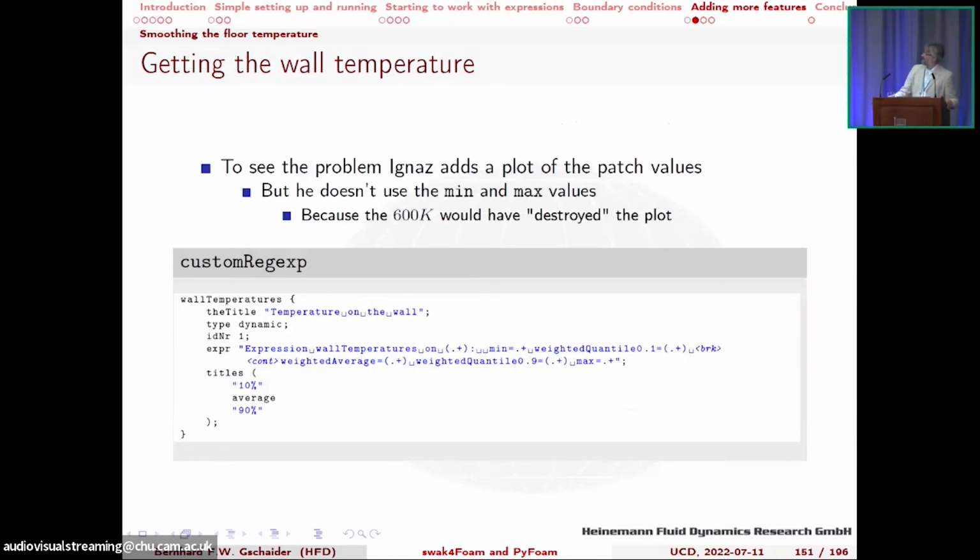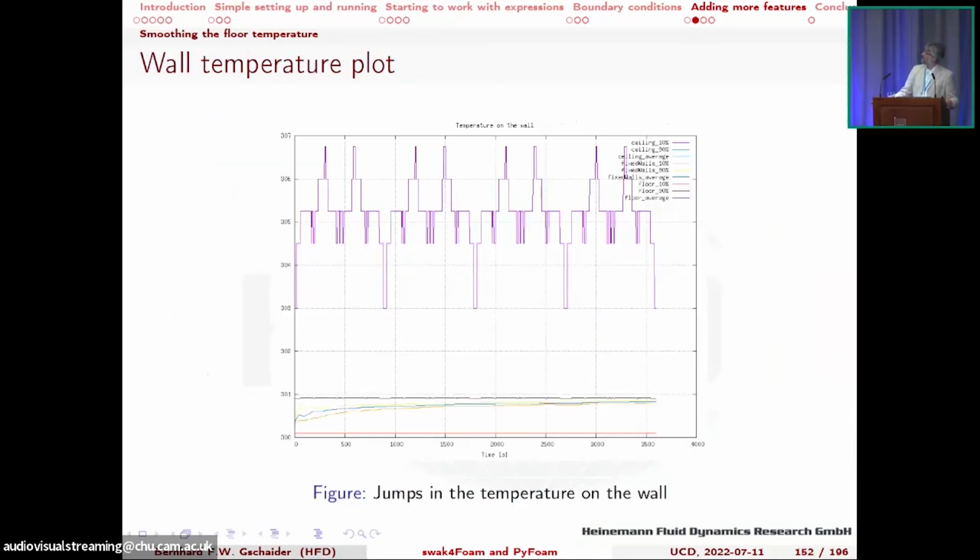One of the problems that Ignat sees is these jumps in the temperatures on the wall. These are due to, as I said, this small circle moving around the floor. The problem here is, of course, discretization. There's this condition where it says, okay, is this inside the circle? The circle moves on, and then suddenly a cell switches from cold to hot.